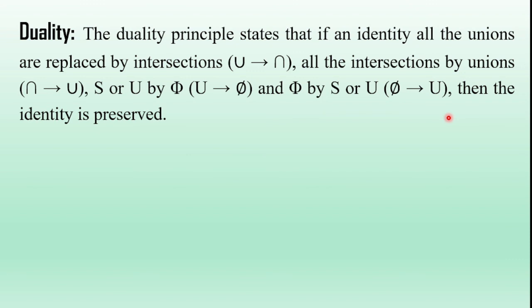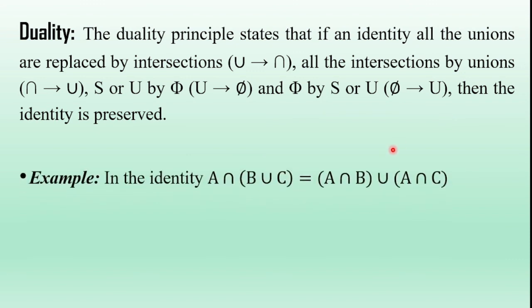Then the identity is preserved. For example, in the identity A intersection (B union C) is equal to (A intersection B) union (A intersection C).